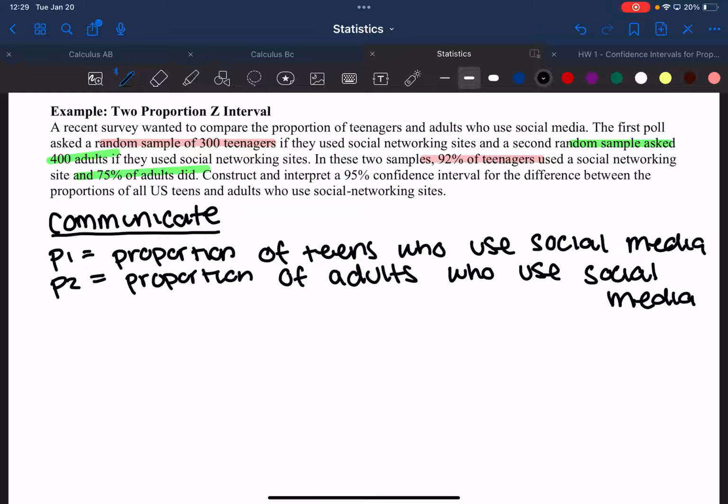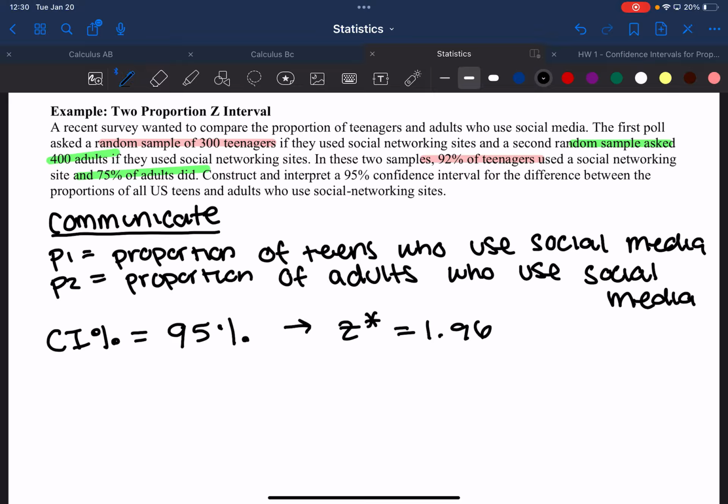Okay, the other thing we need is our confidence interval, which they said was what? 95%, which we could find our Z star value, which is 1.96. And remember, we find that Z star value using the standard normal distribution on Desmos.